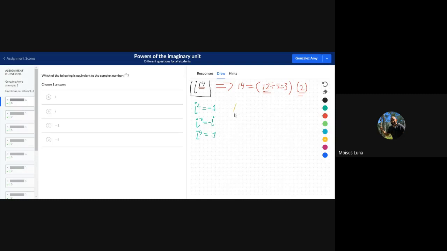All right, so you have i to the 14th power equals, okay, you do parentheses. I think that's how you pronounce it. All right, you get i to the 4th, and this you raise it to the third power because 4 times 3 is 12. And then you have here i squared.